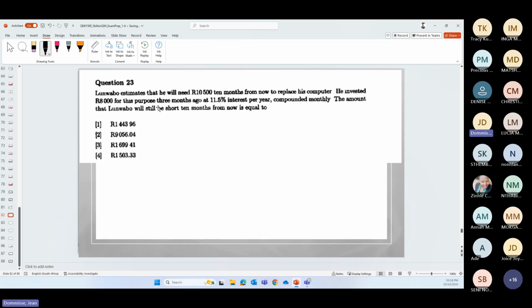Lunwabu estimates he will need 10,510 months from now to replace his computer. Okay, so 10 months from now, you will need 10,500.